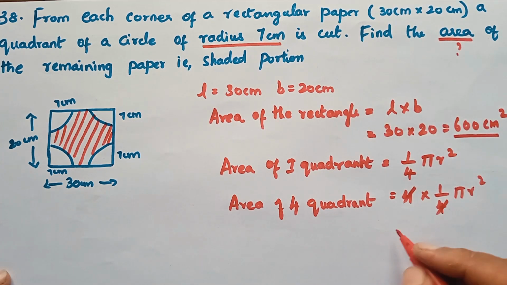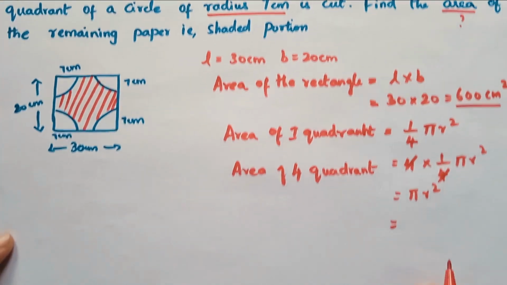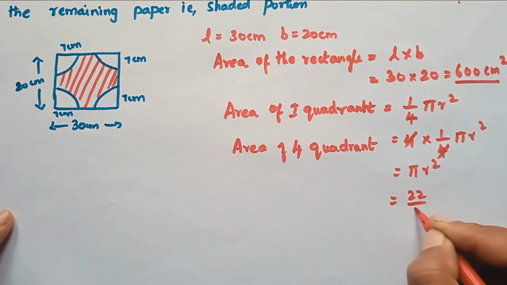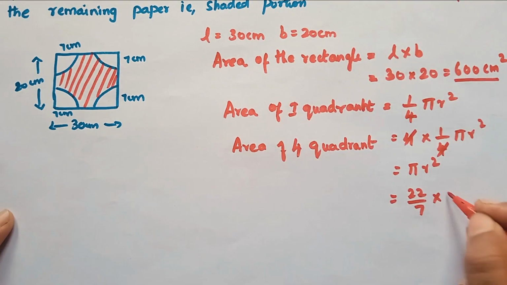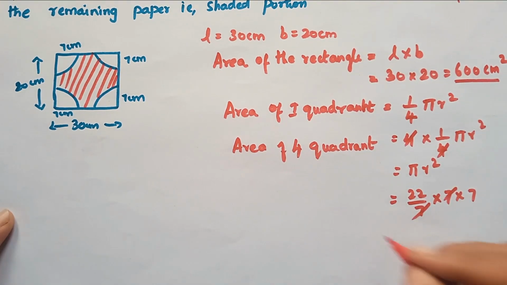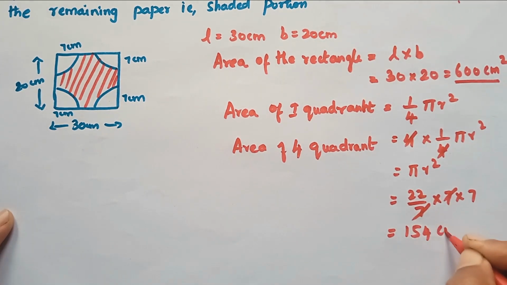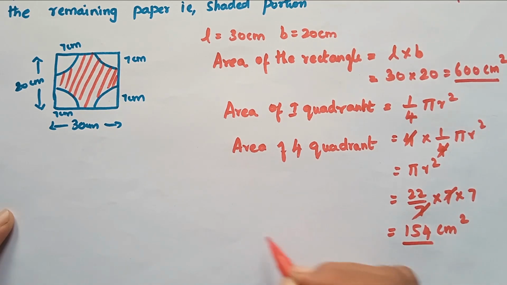So 4 and 4 get cancelled. We will have only pi r square. Substitute for pi r square, 22 by 7 into r. R they have given here as 7. So 7 into 7, cancel out 7. You will get 22 into 7 is 154 centimeter square. This is the area of 4 quadrants.